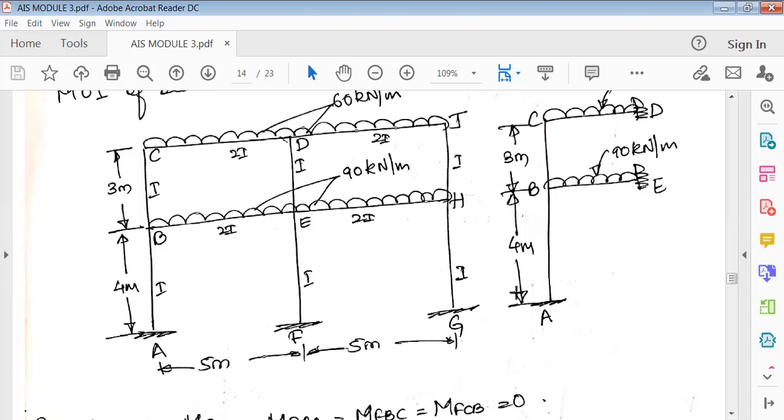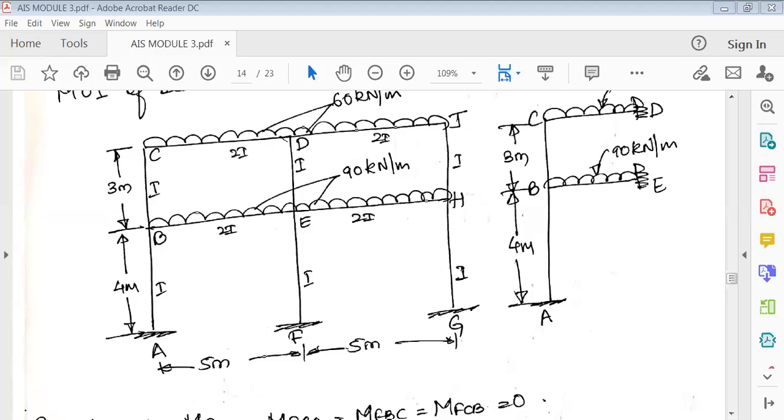As you go horizontally, they become bays. If the problems are such, you cannot solve them by moment distribution or slope deflection.